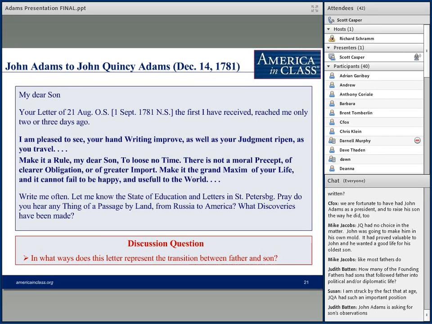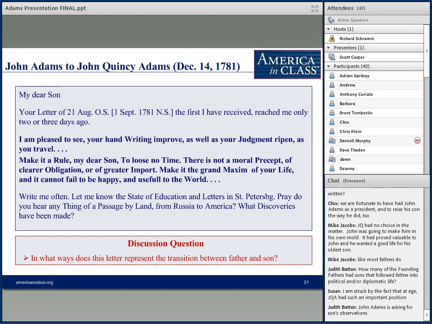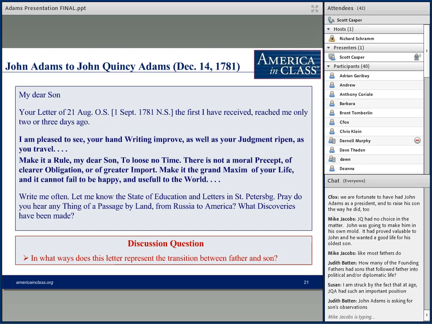And Judith makes the very good point that we have now begun to see a shift in the relationship between John and John Quincy. Now John is asking for John Quincy's observations because John Quincy is in a place that John has never been and may never go. What are things like in Russia? What are education and literature like in Russia? And he's asking this old question about a land passage between Russia and America.